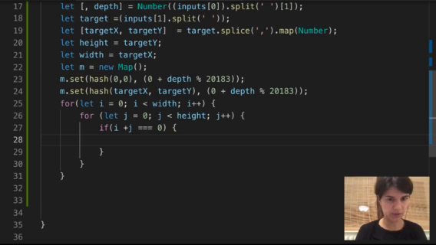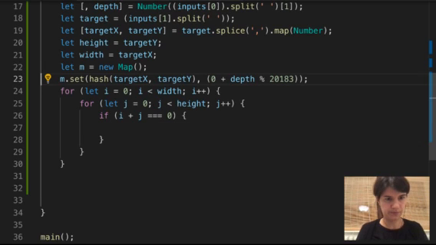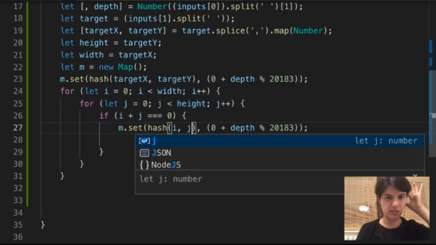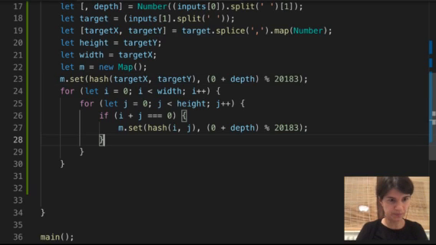Okay, so if i plus j is equal to 0, then m.set of i, j is 0 plus the depth. Oh, is this what you meant? I'm doing 0 plus the depth modulo this. Messed up the parentheses. Okay, so this is the first case. If it was that, we can just continue.